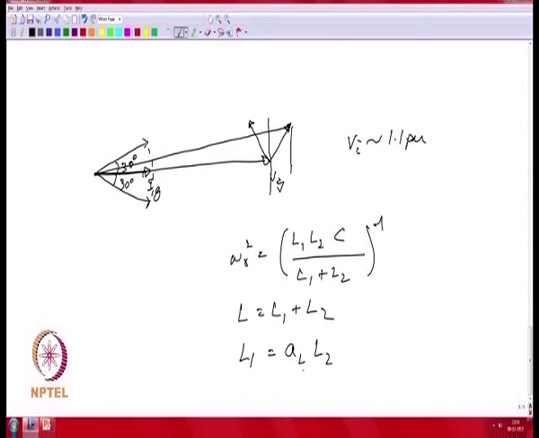So for example, if AL is close to 0, it means that the entire inductance L is equal to L2. If AL is equal to 1, it means L1 is equal to L2, and if AL tends to infinity, it means the entire inductance L is in L1 and L2 is negligible. So you could then write the expression for the resonant frequency in terms of L and AL.